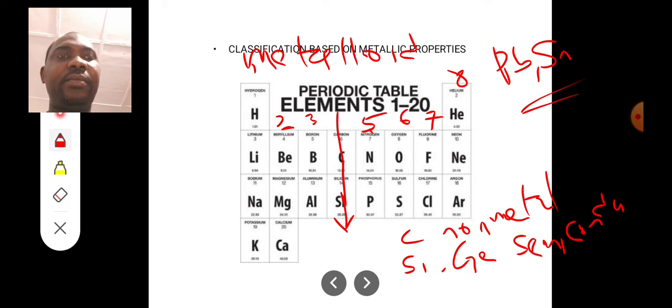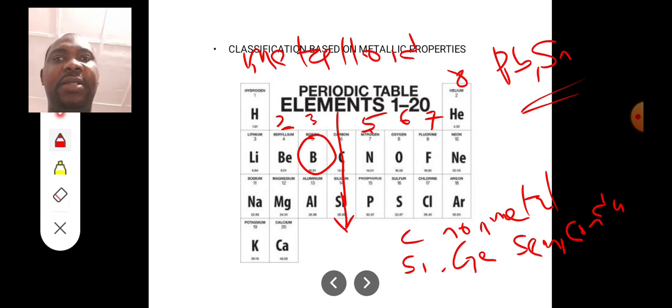Okay, then lead and tin are metals. Now, that is it for our level. But in some other climes, as we go higher, boron is also seen as a semiconductor, a semi-metal. But for now, we'll go with this.